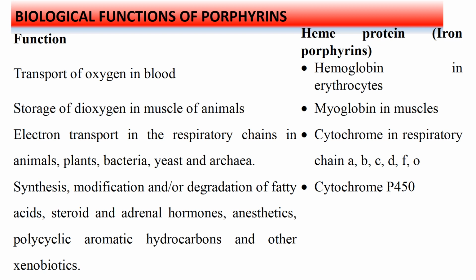This is in reference to cytochromes in respiratory chain A, B, C, D, F, and O. The porphyrins are also involved in the synthesis, modification, and or degradation of fatty acids, steroid and adrenal hormones, anesthetics, polycyclic aromatic hydrocarbons, and other xenobiotics. This is in reference to the cytochrome P450.